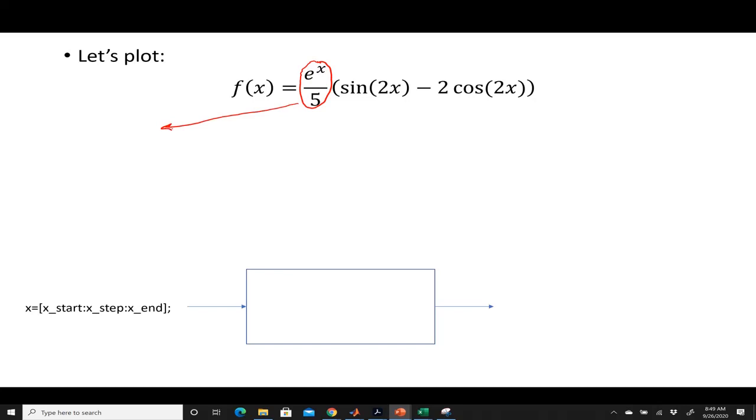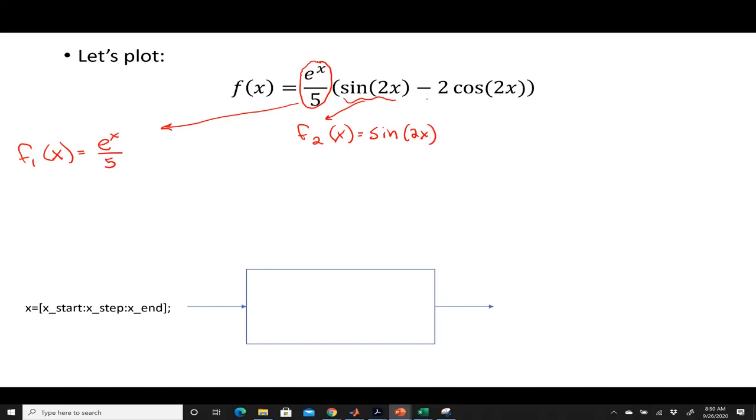First, I'm going to think of f1 of x as e to the x over 5. And then this guy here is f2 of x equal to sine of 2x.